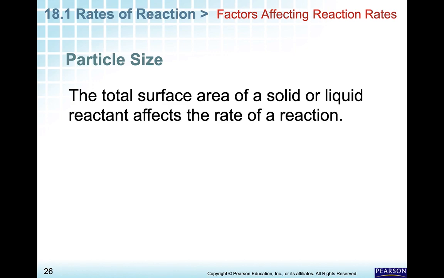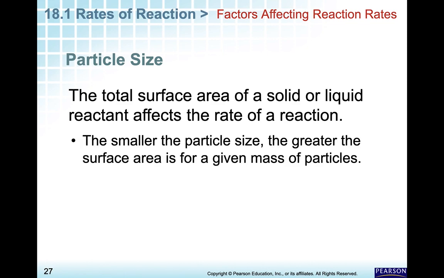And so if we increase the surface area, there are now more particles on the surface, more particles exposed and available for collisions. And so that will result in more effective collisions and a faster reaction rate. Now, decreasing the particle size is what increases the surface area for us.